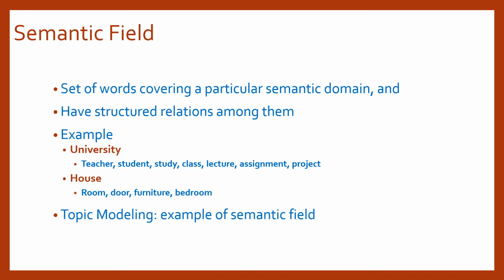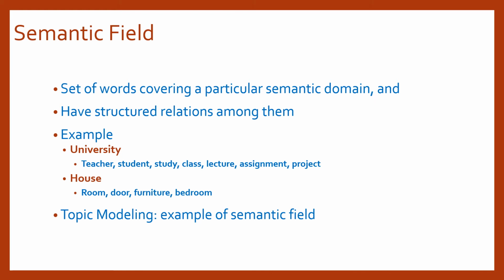In fact, there is a great deal of work on models like topic modeling, which is an example of trying to identify, given a set of documents, the different topics discussed in them, and with what percentage or probability distribution these words belong to these topics.